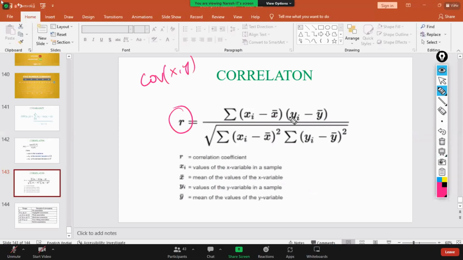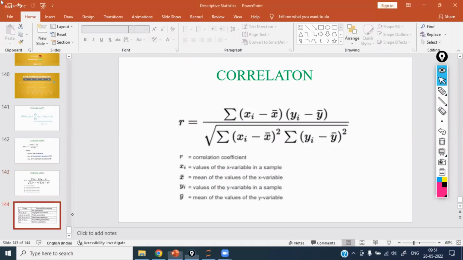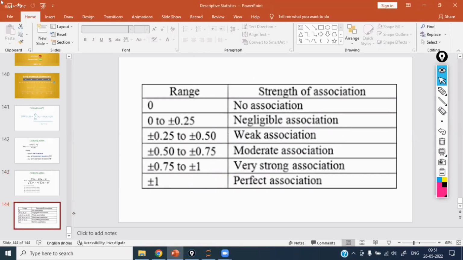Next, if the correlation is equal to 1, it is perfect correlation. Whether it is positive or negative, we are not going to consider the direction. Minus is going to say direction only.